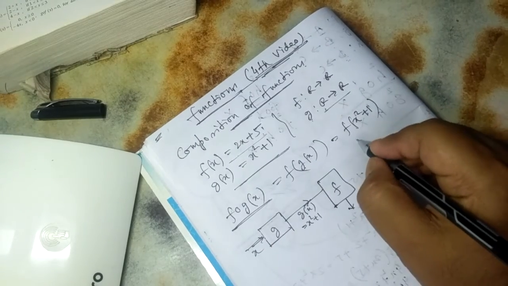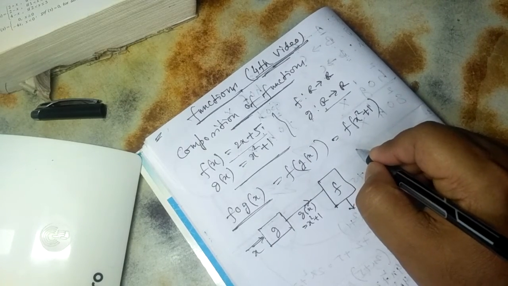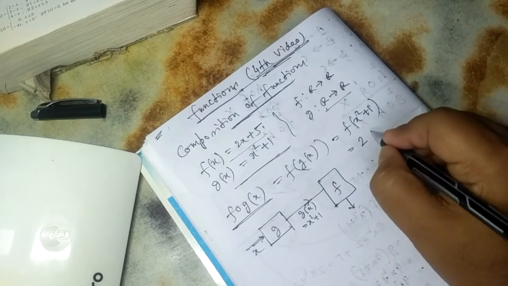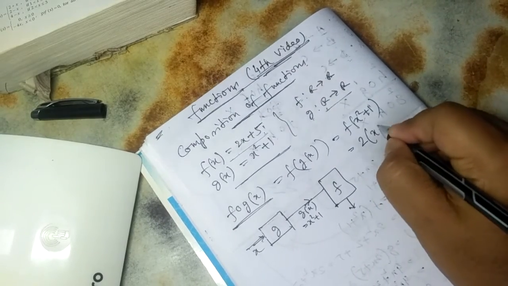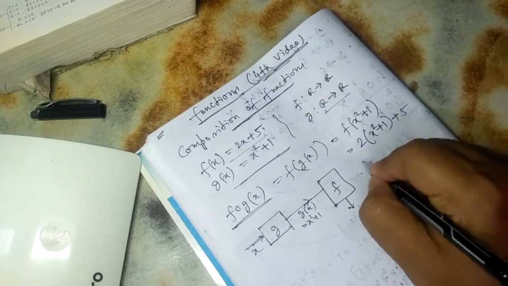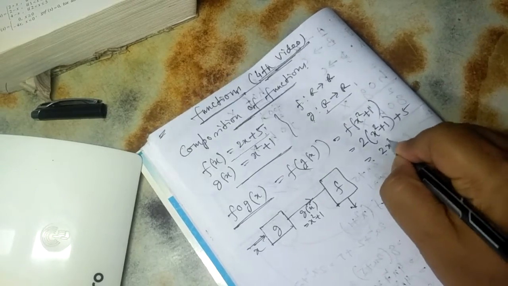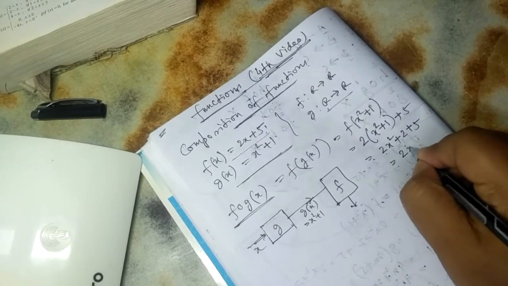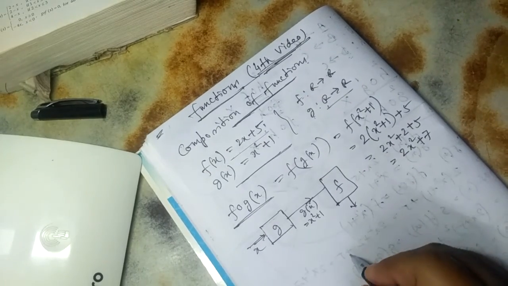That means 2 times x square plus 1, plus 5. So it is going to be 2x square plus 2 plus 5, that is 2x square plus 7.